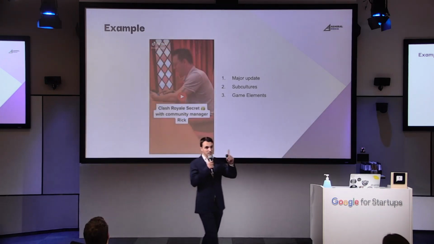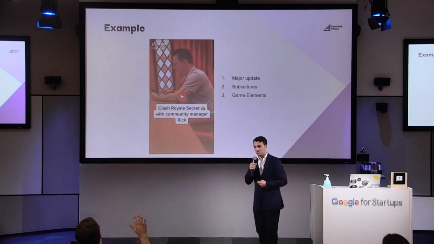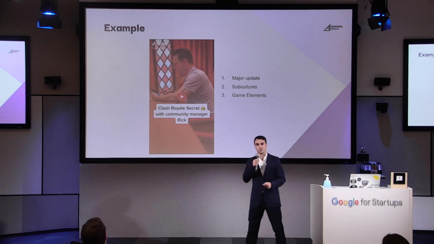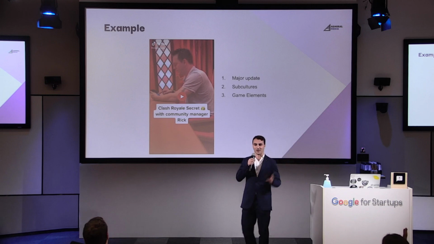Please raise your hand if you think that this is the first type of campaign, so a major update. Okay, then number 2, subcultures. And number 3, game element. Okay, hey, you got it right.